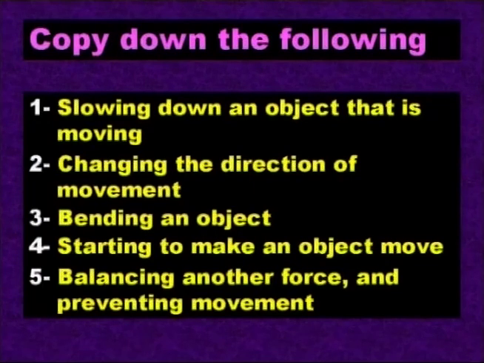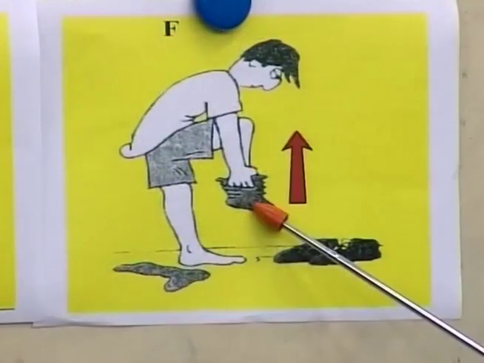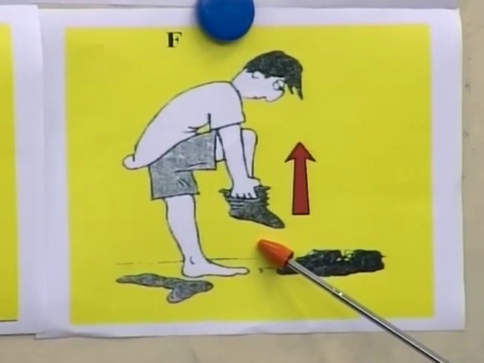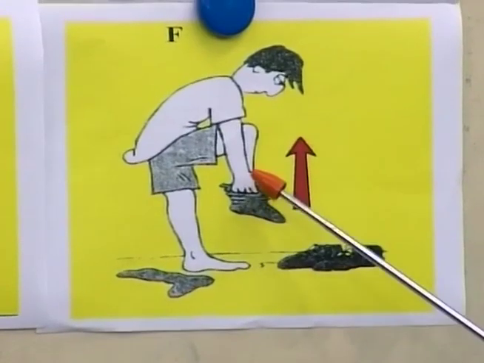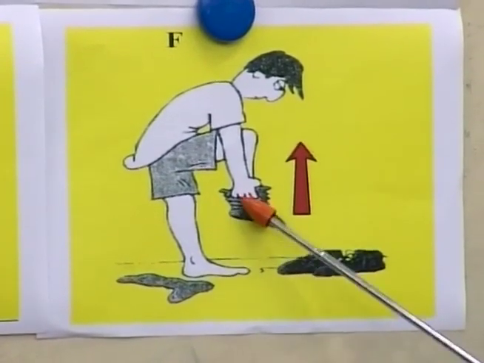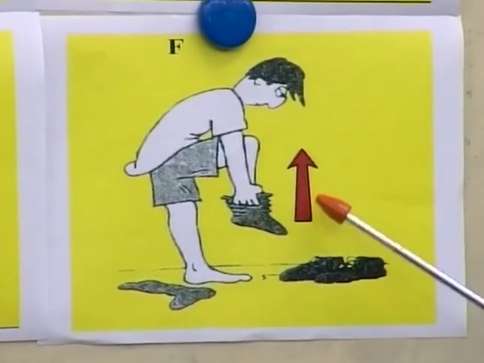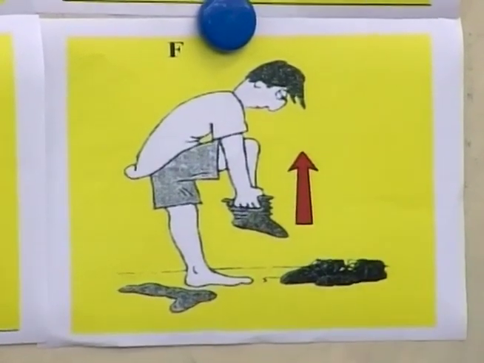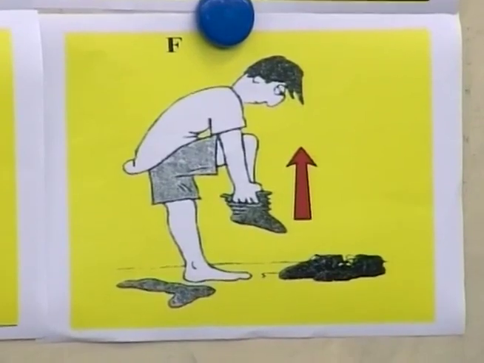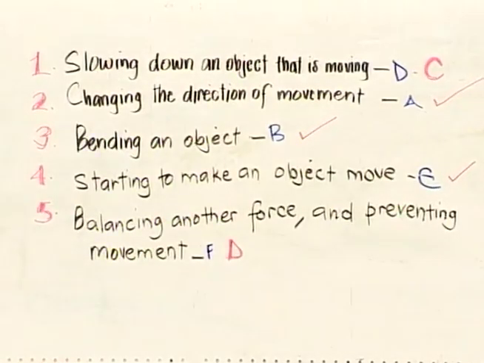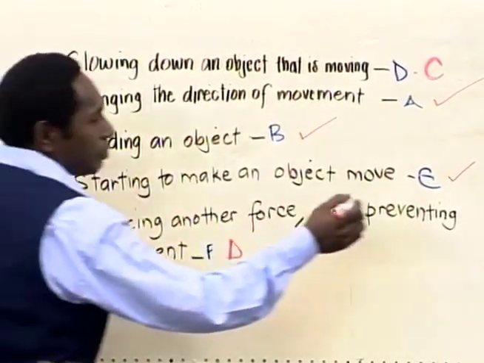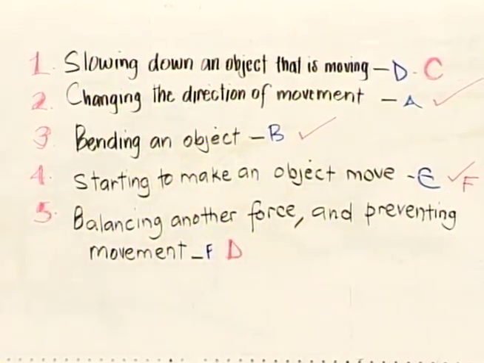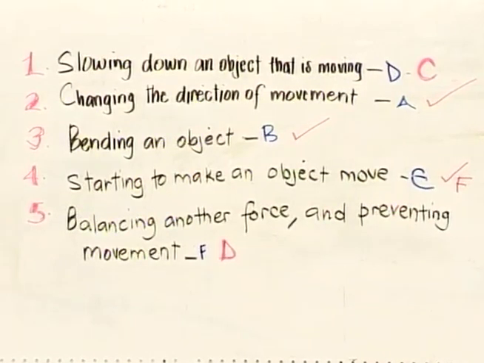This one is starting to make an object move. The object is the socks. And the guy is starting to make that object move by pulling up his socks. You can see the force moving up that way. So picture F will come together with number 4. That is starting to make an object move. Very good. So you should have your answers like that.